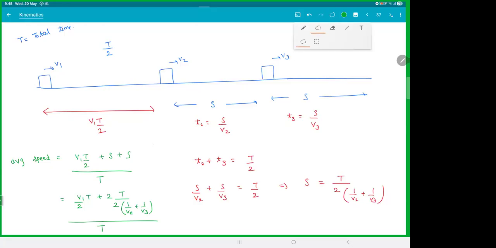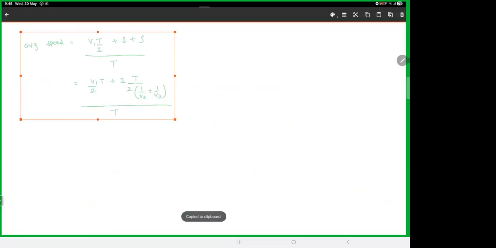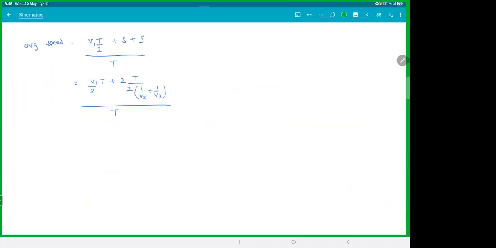I'll just take it to the next page. Right? The 2 will cancel, t will cancel. Just check with the variables. That would come out to be v1 by 2 plus 1 by 2 times v2 v3 by v2 plus v3.